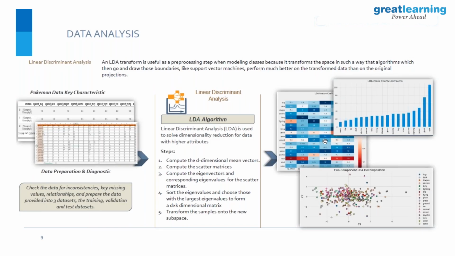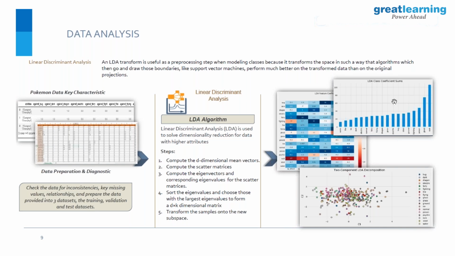Now for our problem, this is the snapshot. We had the data with us, which I'm going to show you right away. We did the basic exploratory analysis, prepared the data, removed the null values, found the relationships, and applied the 5 fundamental steps of LDA, and the overall picture looked like this. We got the 2-component decomposition looking like this, which in the next 20-25 minutes I'll explain to you. We got the scatter plot and the feature coefficient plot, where we got the vector loading.